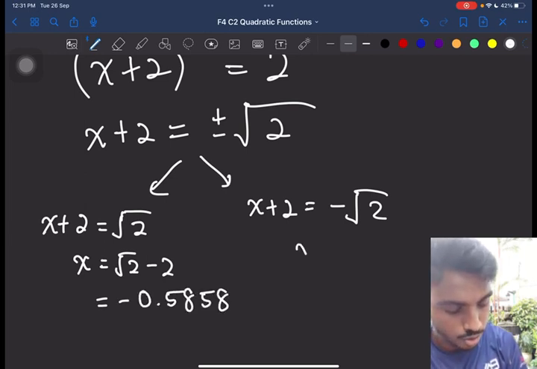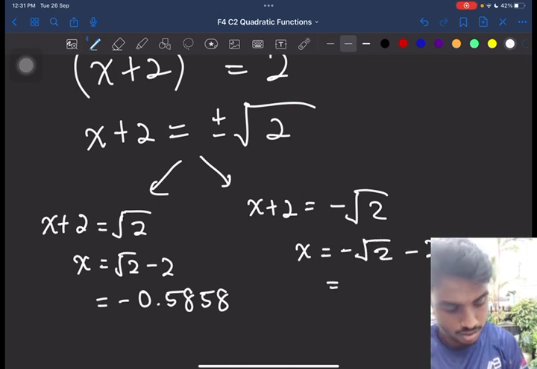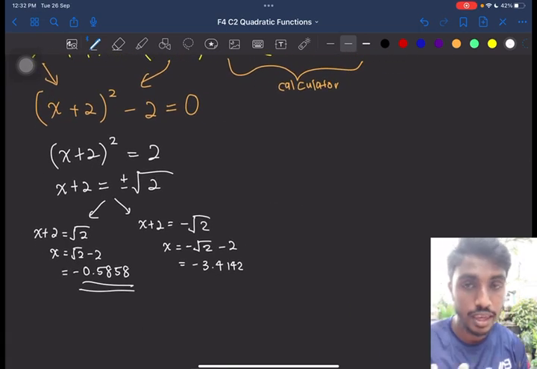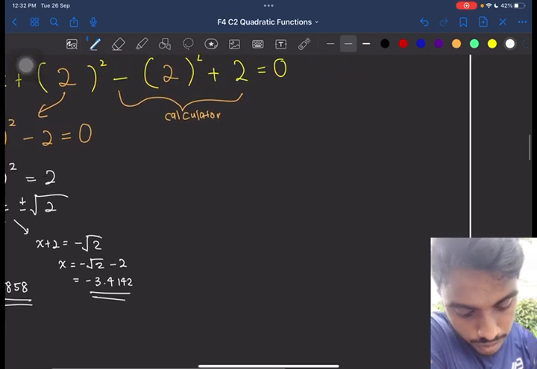For this one, x equal to negative square root 2 minus 2, which you will get negative 3.4142. Alright, so we finally got the answer for x. So this is by completing the square.